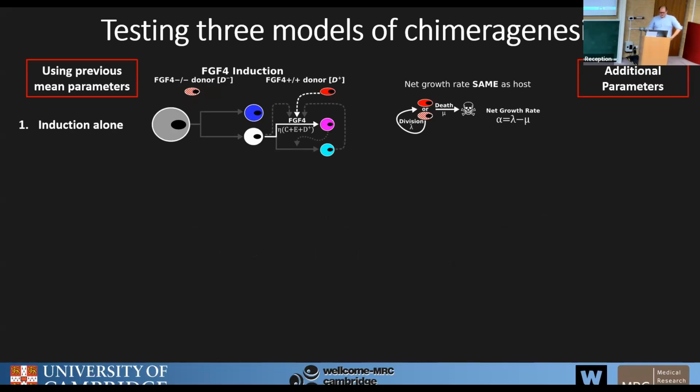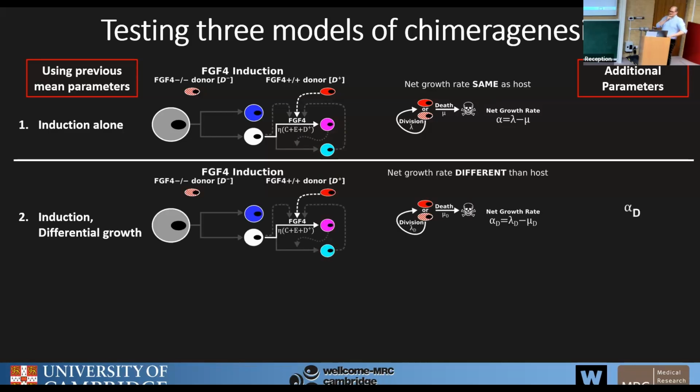In the first instance, we're just adding in FGF induction in the sense that they contribute to this term driving ICM specification towards the primitive endoderm fate. We also allow for the net growth rate to be the same as the hosts. Slight spoiler alert, that did not work out so well. So we had to refine that model to actually include induction and a differential growth rate.